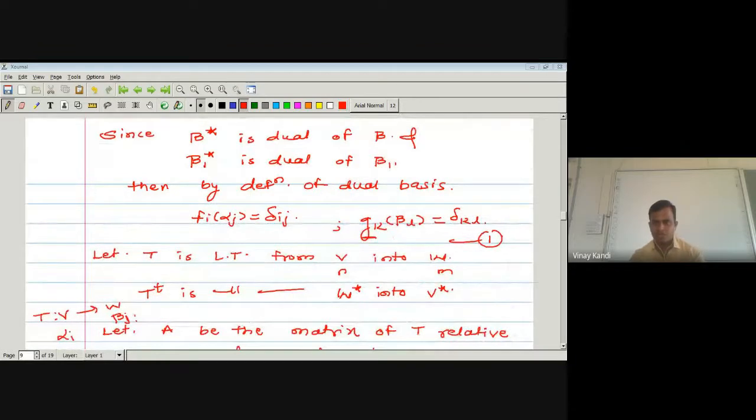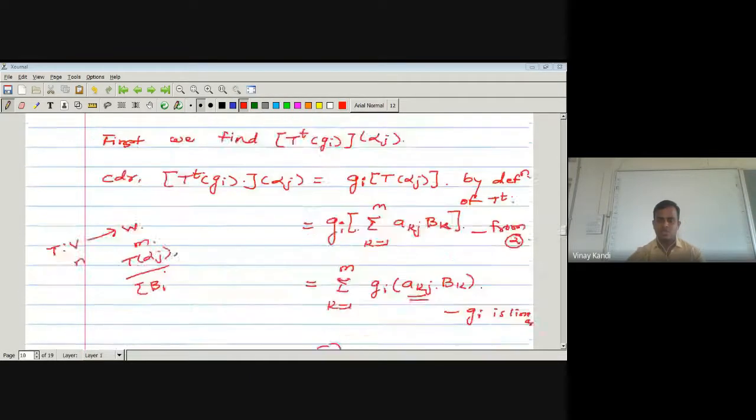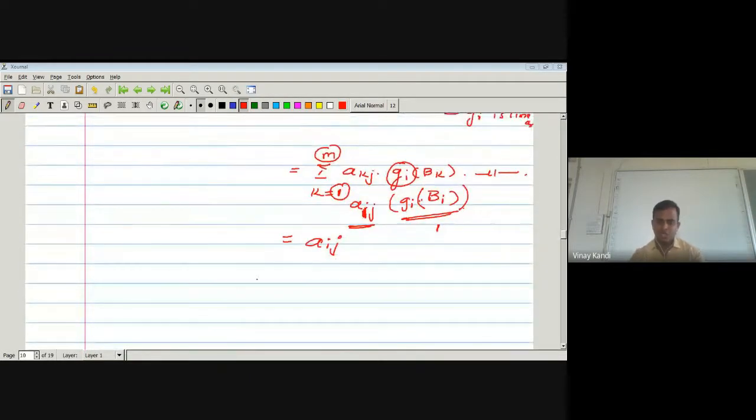Okay, for K equal to L equal to I, we get delta LL, so delta LL is 1, and all the other coefficients are 0. So by the definition of dual, this one is AIJ. Okay, so this is the value of T transpose of GI of alpha J.